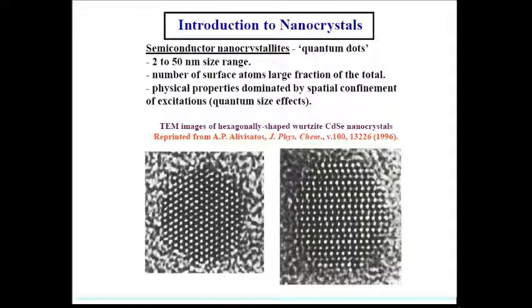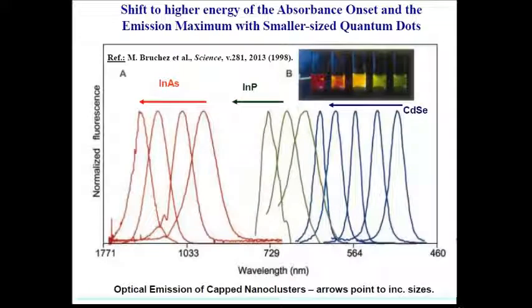What I'm showing you here are a series of cadmium selenide, indium phosphide, and indium arsenide quantum dots, and as you can see, their absorption spectrum and emission spectrum basically vary as a function of size. As you go towards smaller size nanocrystals, there's a shift of the emission maximum towards these higher energies over here. And so for the optical emission of the CdSe nanoclusters, the arrows point to increasing size of these particular quantum dots.